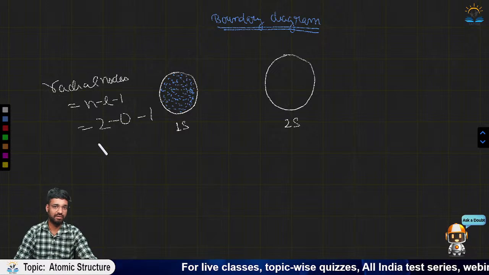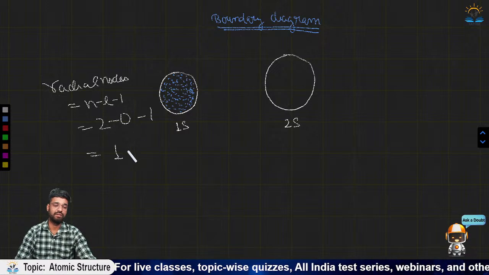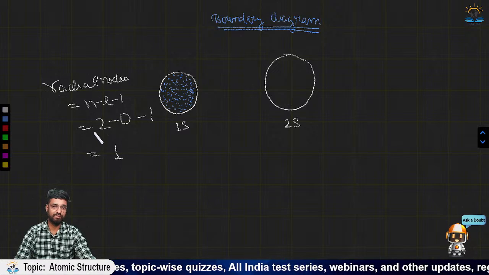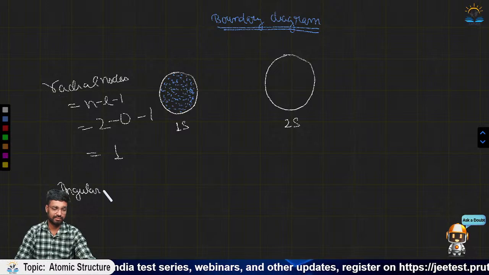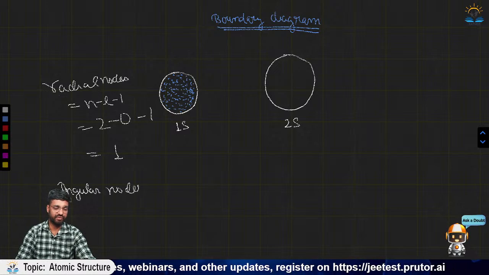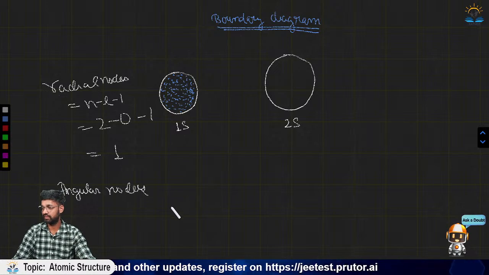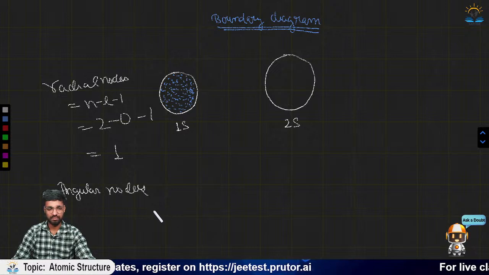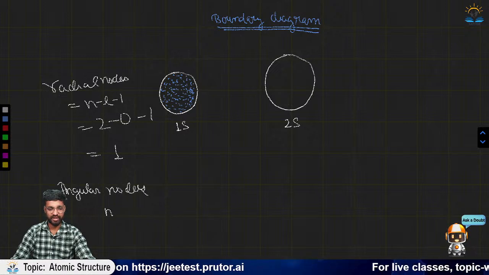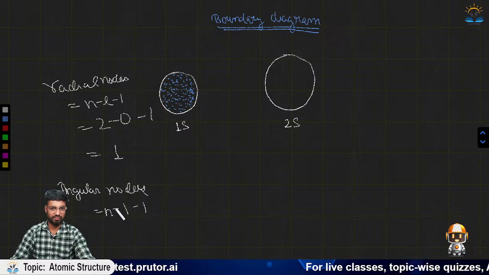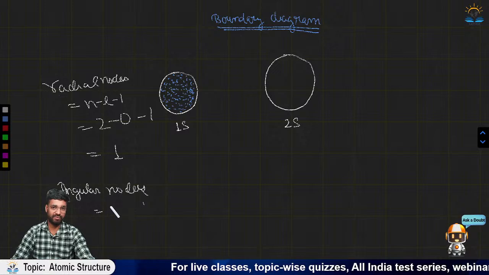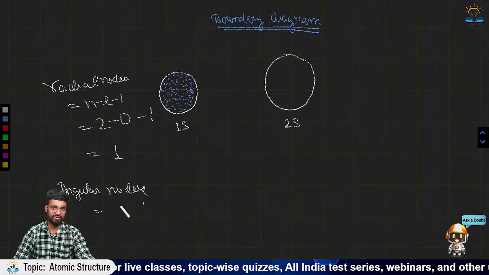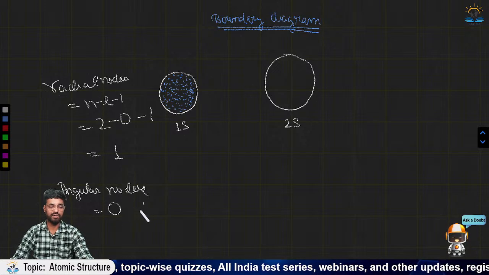Then 2 minus 1, so 1 is the number of radial nodes we have. And for angular nodes, the formula is l. Whatever be the value of l, that will be the number of angular nodes. The value of l for an s orbital is 0, so angular nodes is 0.